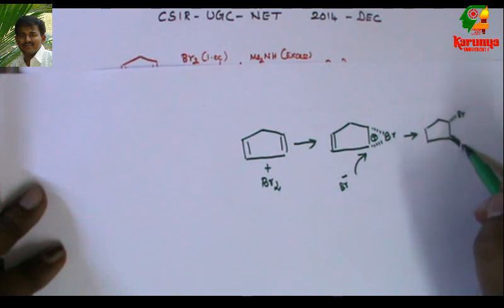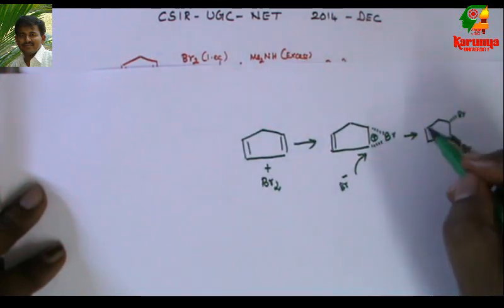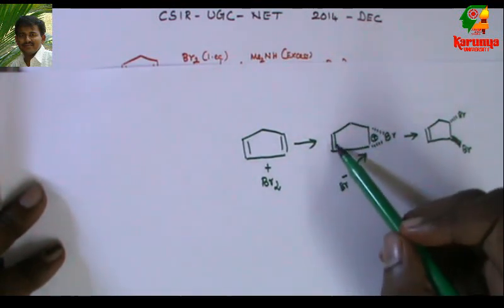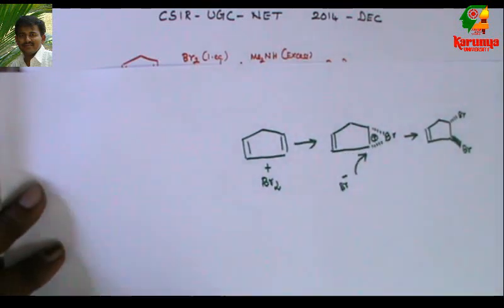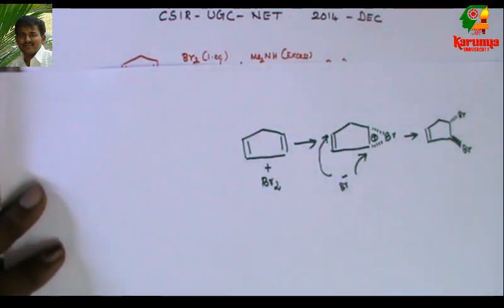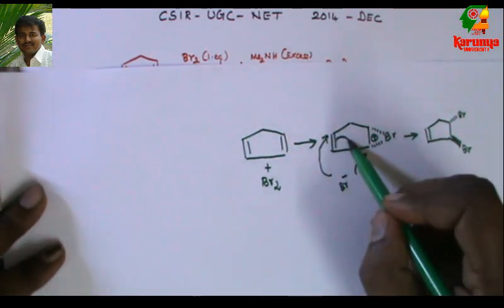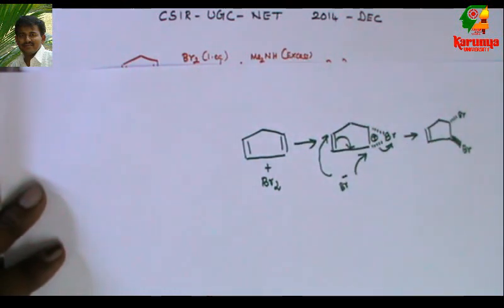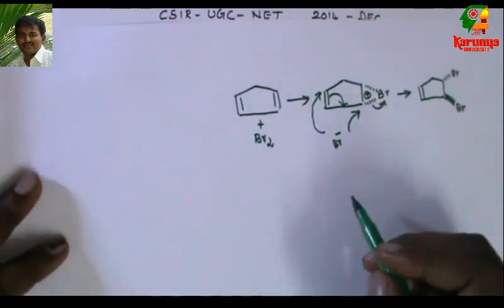So the stereochemistry will always be trans. This is one product. Since there is one more double bond in conjugation to this bromonium ion, the Br minus can also attack here, and this bond falls here and opens up the ring. So that is another possibility.